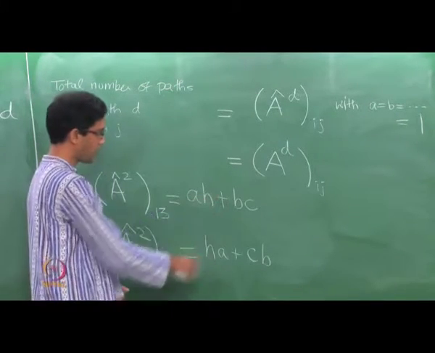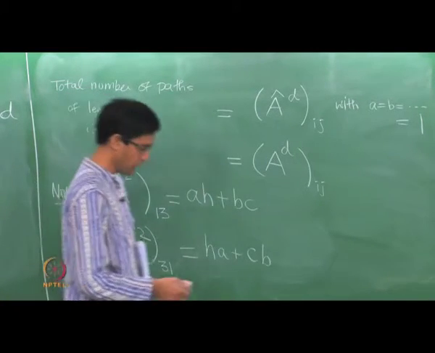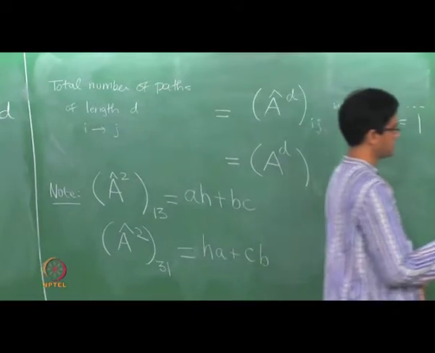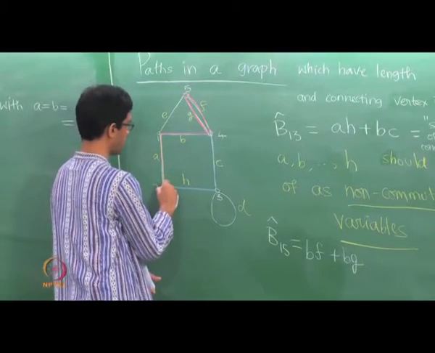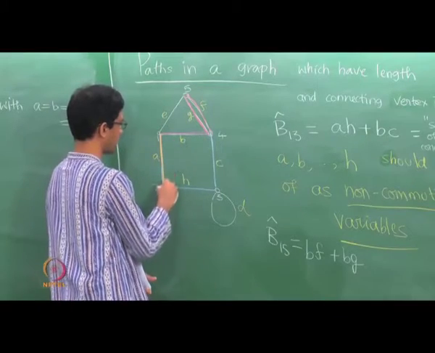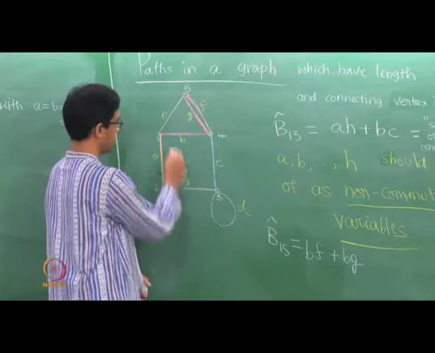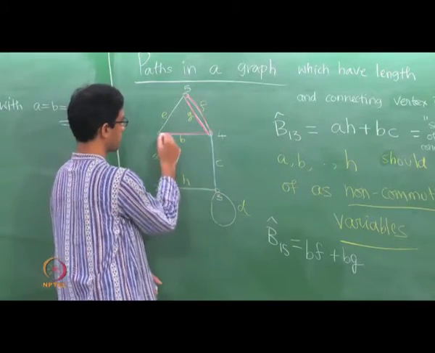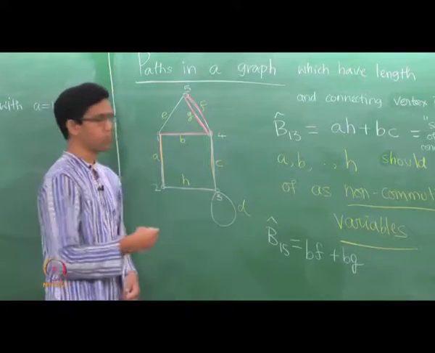But this is really how I would like to have them, because as we said earlier, the word AH refers to the path which first goes along A and then along H. So it's a path which connects 1 with 3, and BC is a path which goes from 1 to 4 and then down to 3. Okay, so those are the two paths.